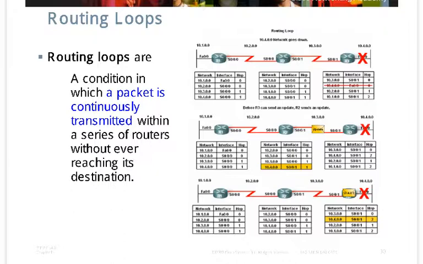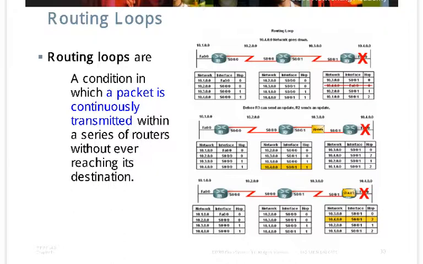Just imagine that this is the scenario that currently happens. This router will receive the information from router 2. Remember, it does not have any entry for 10.4.0.0 anymore because it removed it in this step.